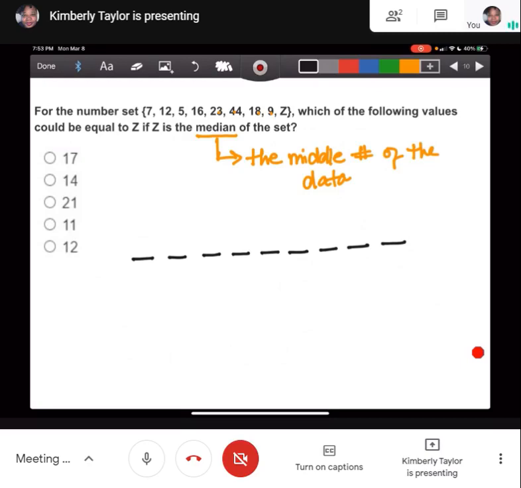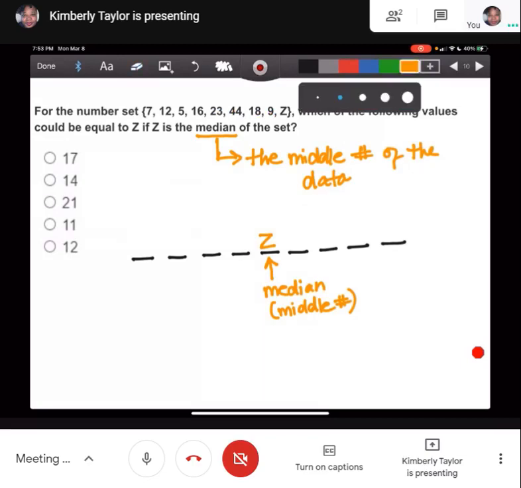The middle number in this case is going to be 1, 2, 3, 4, then this number here is going to be my median. If Z represents my middle number, I'm going to put Z right here.